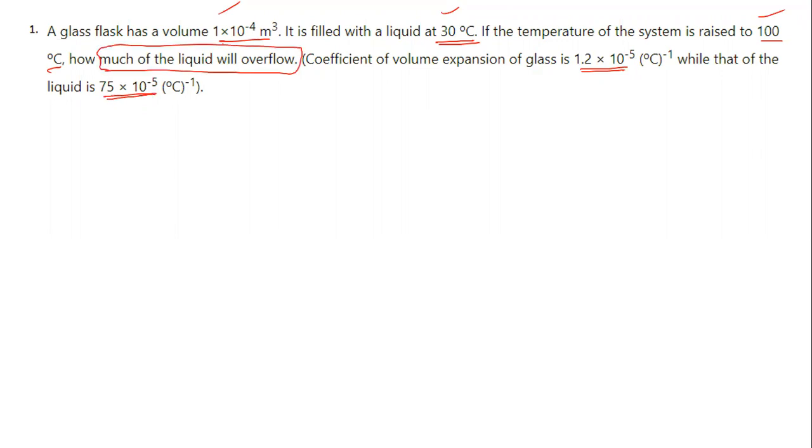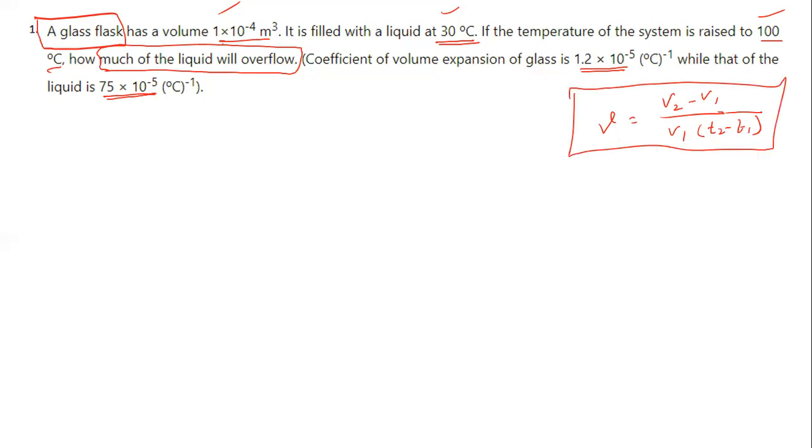Now, how do we find it out? We can find the change in volume for the glass flask by using the coefficient of volume expansion. You know the formula for volume expansion: V2 minus V1 divided by V1 into (T2 minus T1). This is the formula for gamma. By using it, we can find V2 minus V1 for the glass flask and also for the liquid.